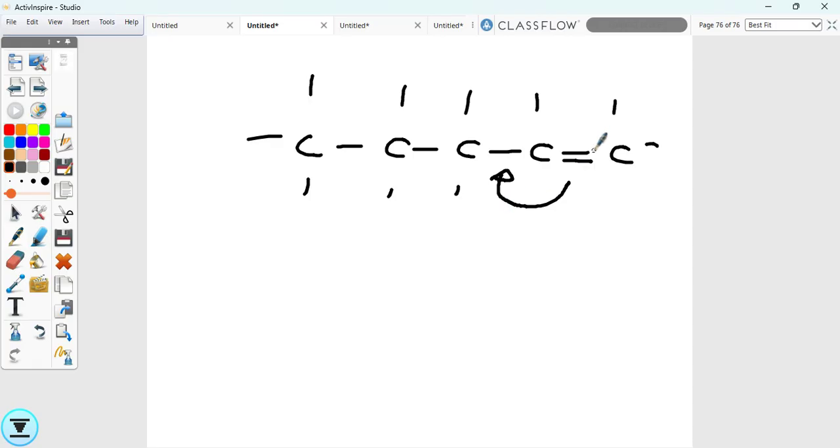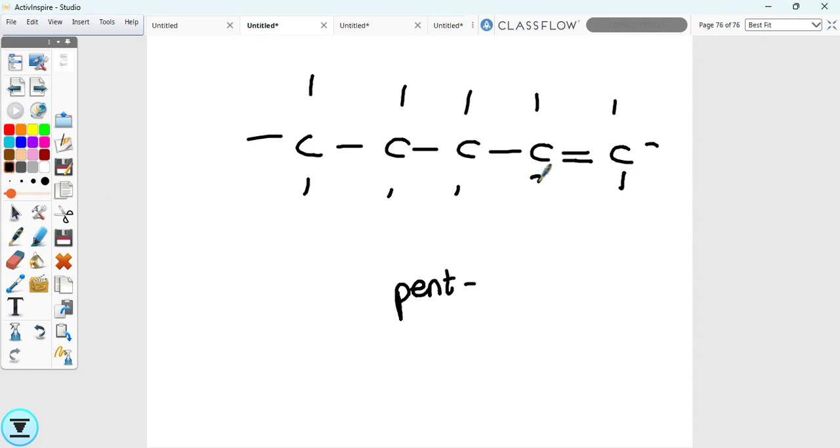If I just move it there, so that this would be this but again, 1, 2, 3, 4, 5. No. So this would be pent. Or why would you say 3? Yeah, please remember, number the closest to where something is happening.